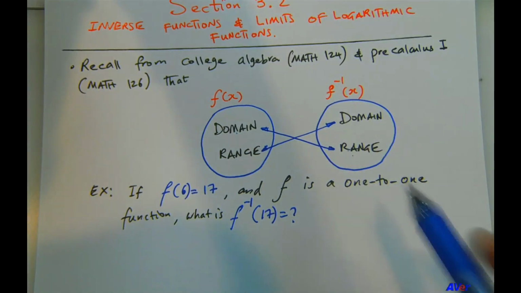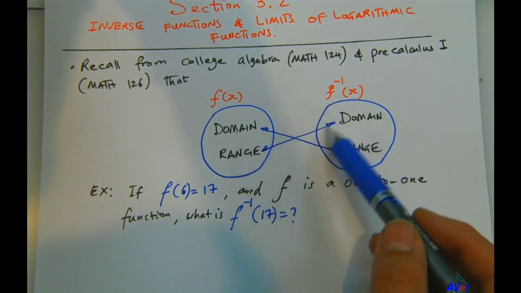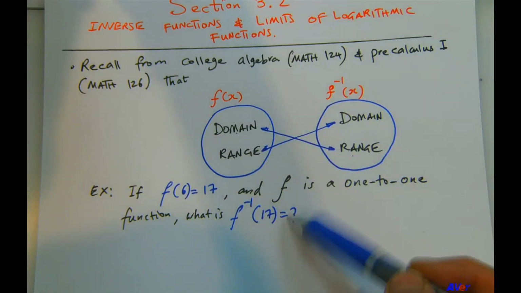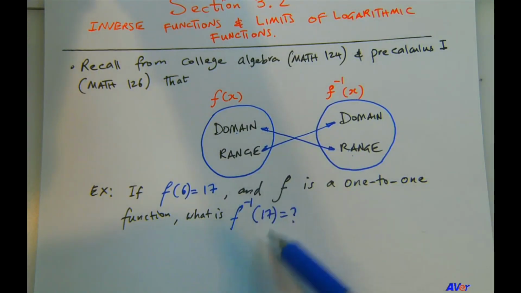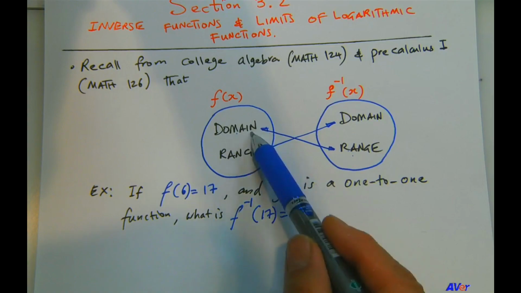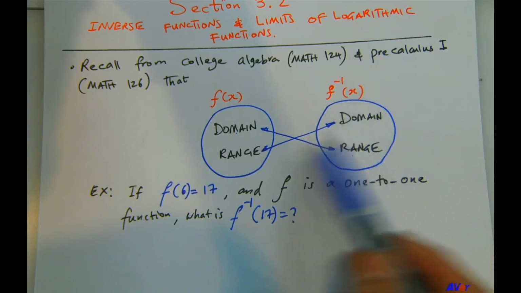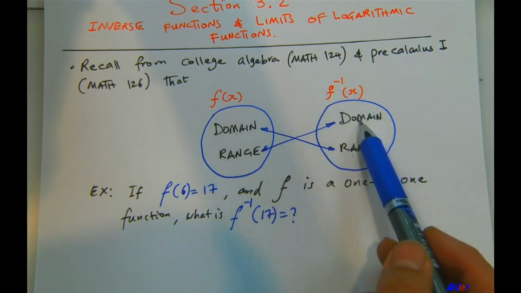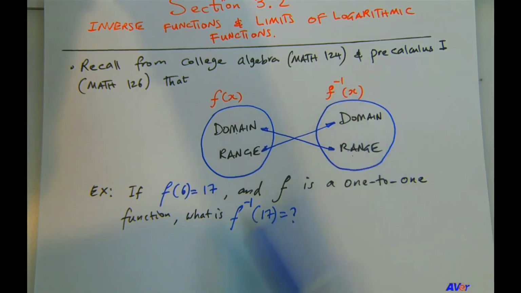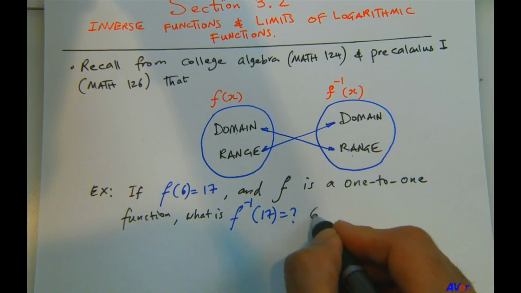Just looking at this diagram, you can quickly remember what the answer to this question is, right? If the domain of the original function is the range of the inverse function, and the range of the original function is the domain of the inverse function, then we can quickly see that the answer is simply 6.